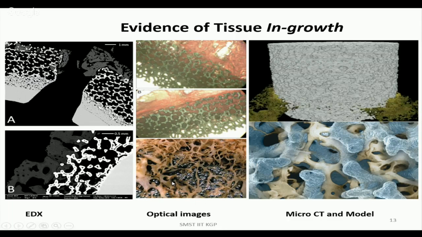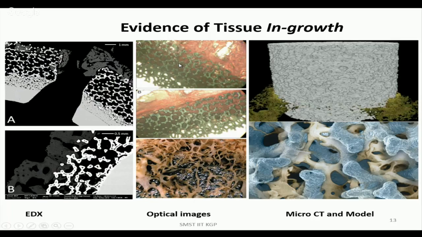Here you can see from EDX studies how there is bone ingrowth into the implants. The bright one is the titanium and the gray one is the bone, and you can see from the optical image how the bone has nicely grown into the porous implants.